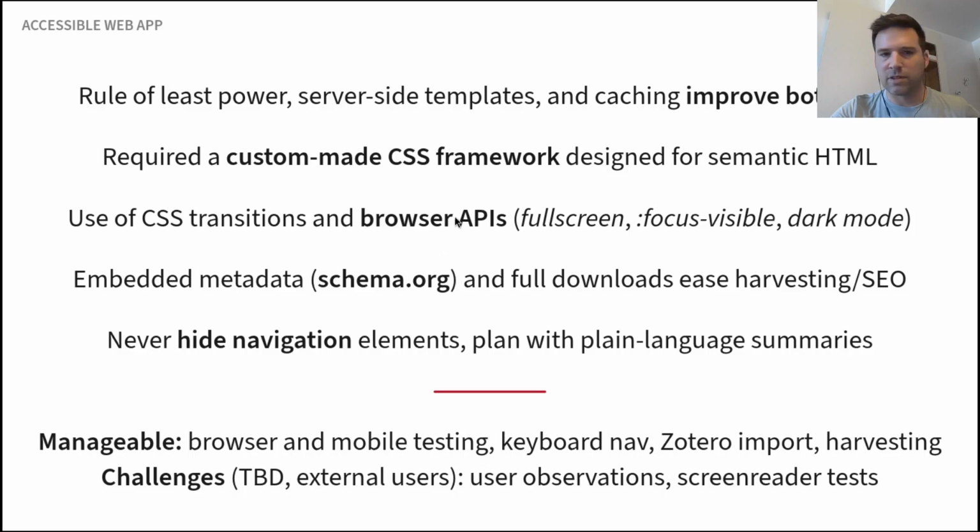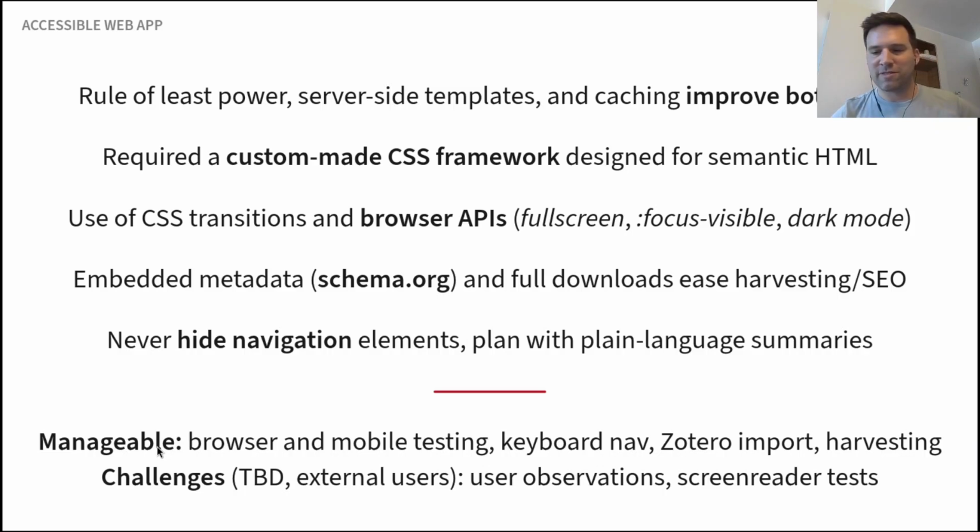We use a lot of browser-provided APIs instead of building our own or using a CSS or JavaScript framework to build them for us. There's a neat bit of animation here and there, a bit of flourish, and schema.org works well for us as embedded metadata because search engines also, of course, use it and understand it. One thing we've learned: never hide navigation elements. It's always going to be an awful result.